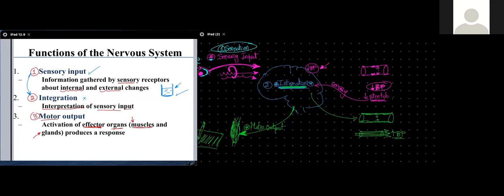And their response will be either to inhibit the original stimulus or to enhance the original stimulus. If you remember, this is the feedback that you get. We did study back in chapter 1, a positive feedback and the negative feedback.